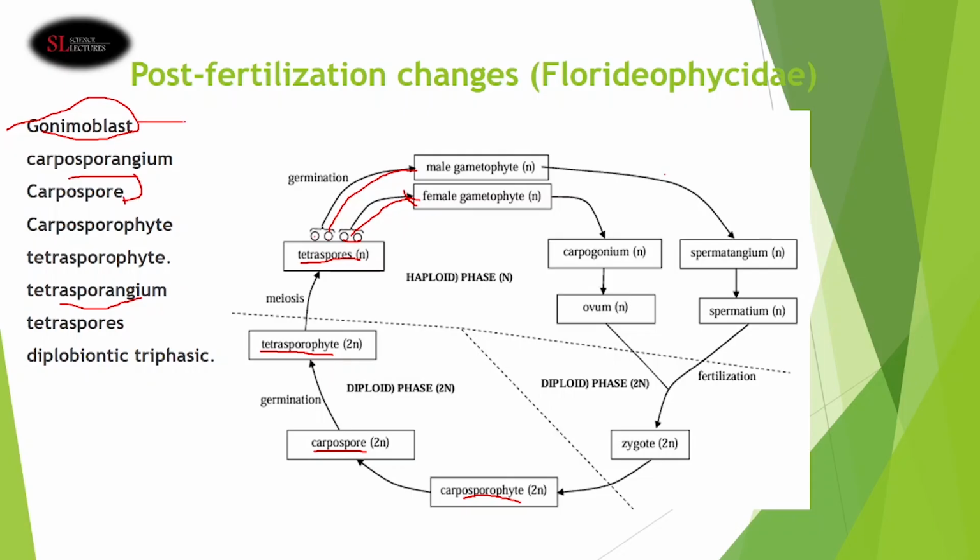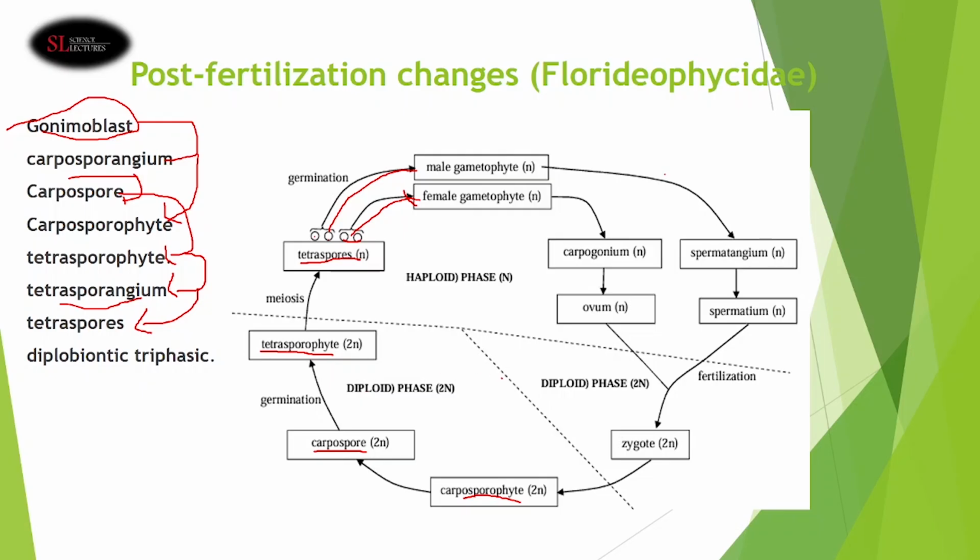So the carposporangium and the gonymoblast both form the carposporophyte. When these carpospores are liberated, they germinate to form a tetrasporophyte. Then the tetrasporophyte forms the tetrasporangium, which undergoes meiosis to produce haploid tetraspores. Two of the haploid tetraspores form the male gametophyte, and two form the female gametophyte.